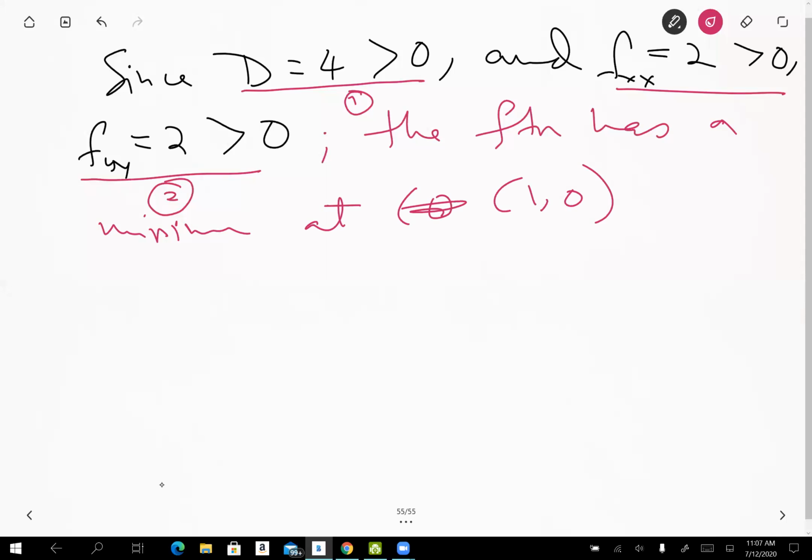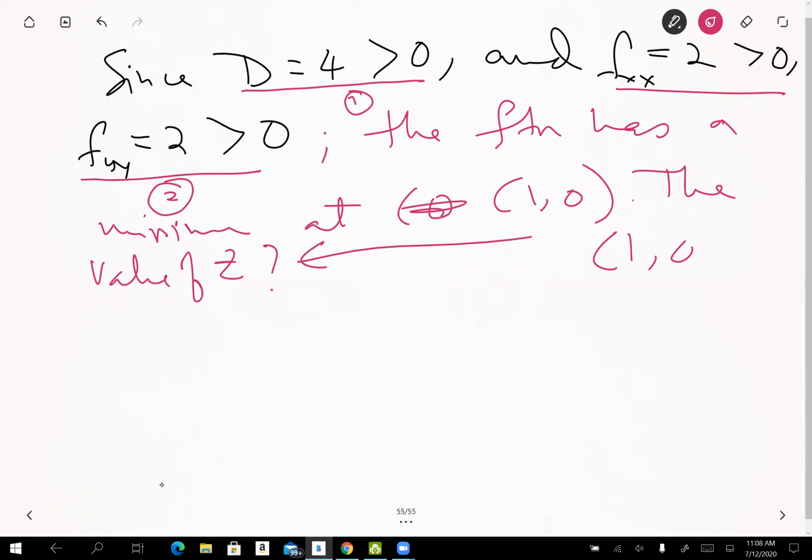Okay, and of course, you can find the value of that. After that, you find the value of the function at the point 1, 0. So the full point will be 1, 0, and whatever value you get there.